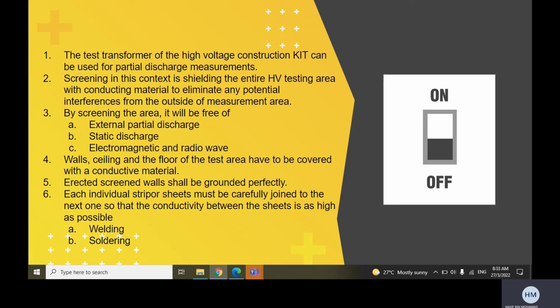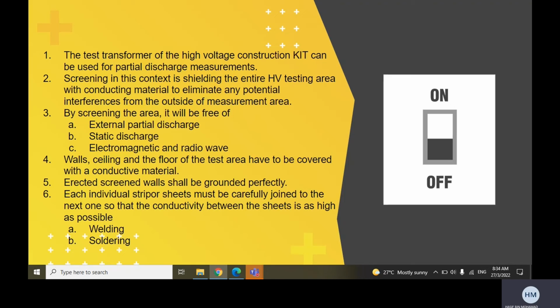This will ensure that any measurement we do inside the HV testing area is solely from the inside, with no interference from the outside. By screening or shielding the area, it will be free from external partial discharge, static discharge, electromagnetic waves, or radio waves.